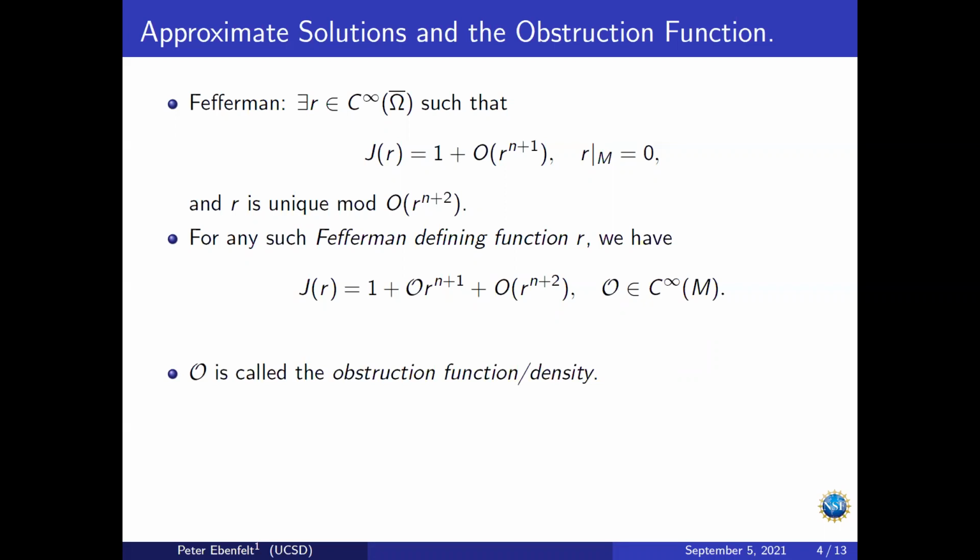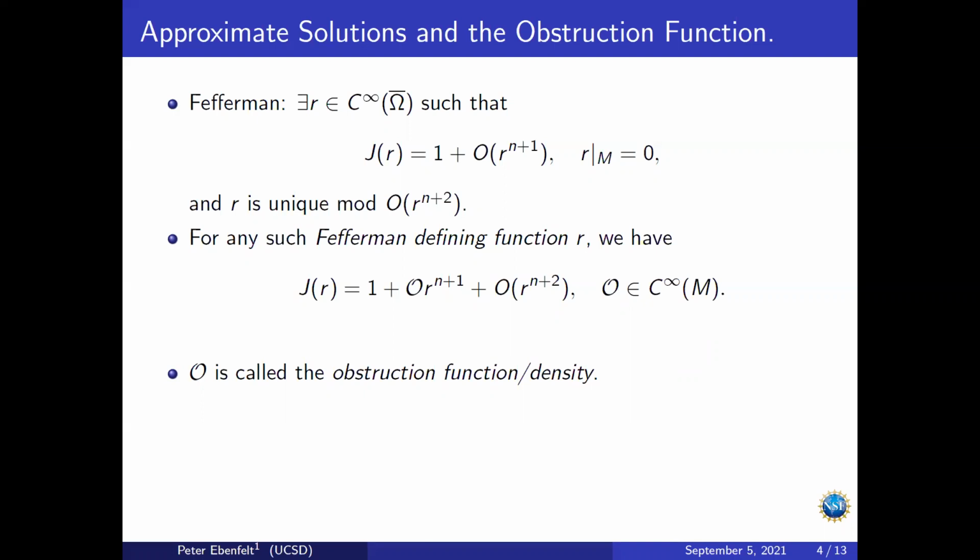And then Lee and Melrose also explained this by showing that the Cheng-Yau solution U actually has an asymptotic expansion that looks like this. So we take rho any defining function, and then the asymptotic expansion looks like this.